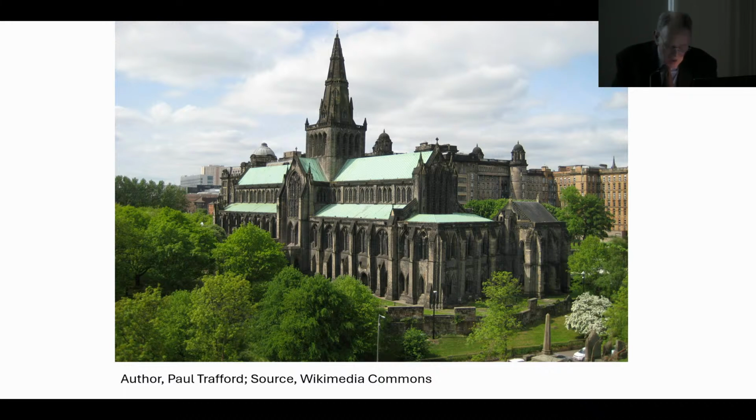Now, if we just accept, for the sake of argument, that there may be a direct relation between these two buildings, what I'm wanting to focus on is what light may be shed on that by looking at their relative sizes. In other words, if Roslin is a reduced version of the choir of Glasgow Cathedral, how much reduced is it?